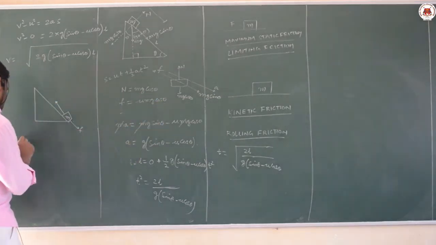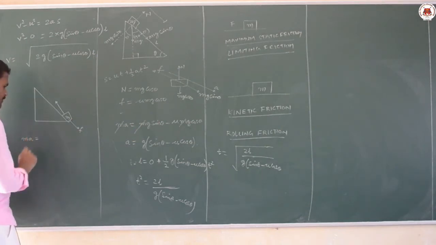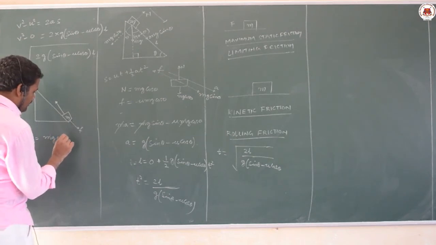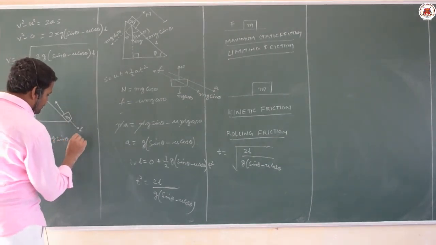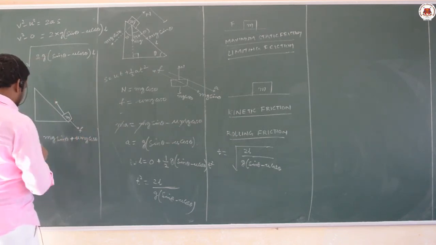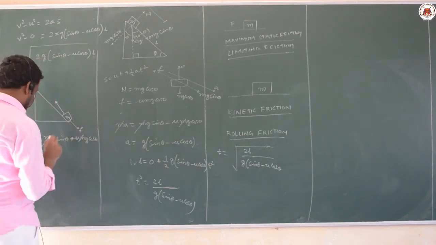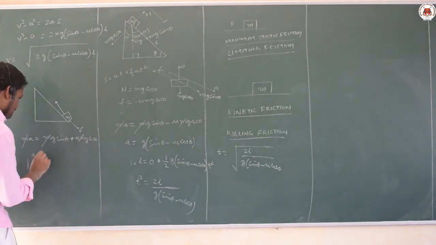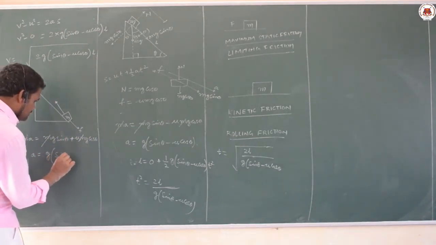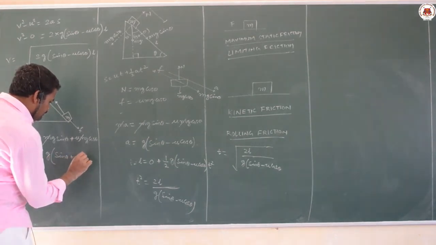So net force m into a is equal to mg sin theta plus frictional force, that is mu mg cos theta. m and m will get cancelled, then a is equal to g into sin theta plus mu cos theta.